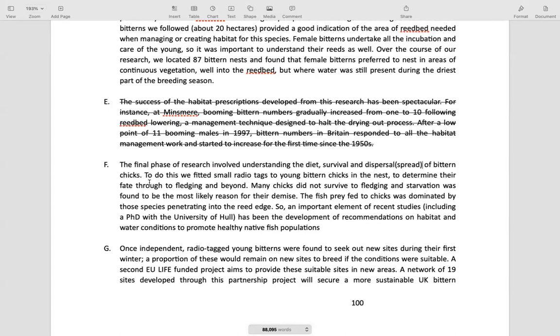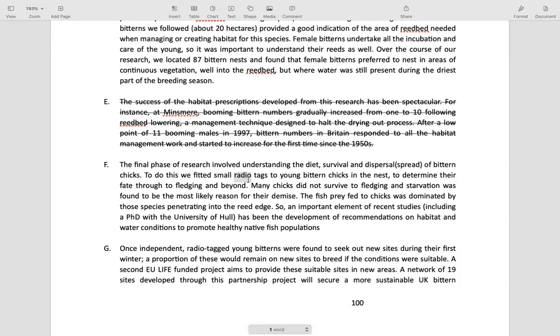To do this, we fitted small radio tags to young pigeon chicks in the nest. So over here, they have tagged the small chicks in that area to determine their fate through to fledging. Wait, you pronounced one word wrong, so that made the meaning wrong. So they didn't put tags; what did they put actually?